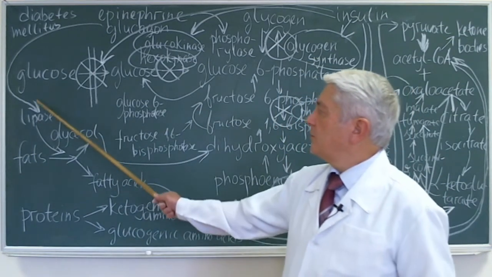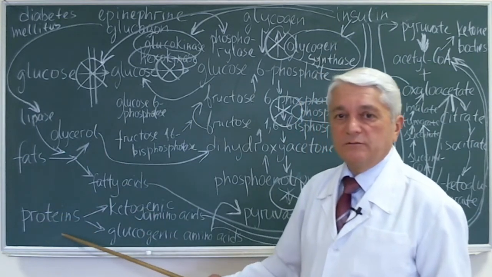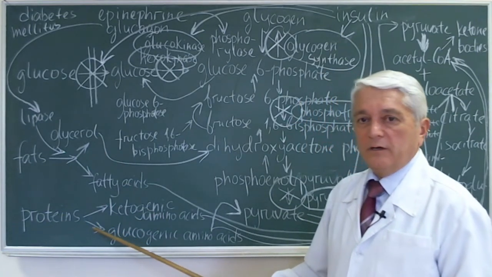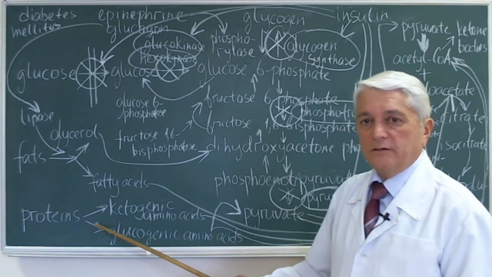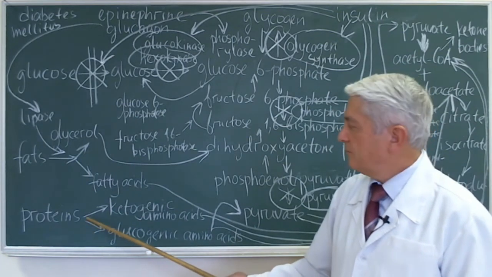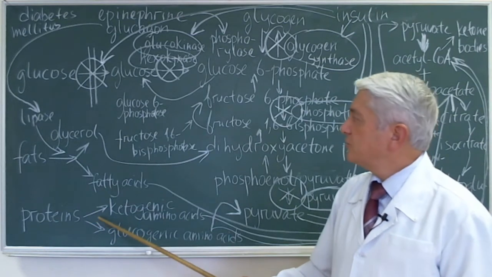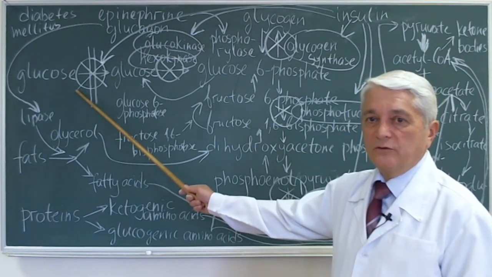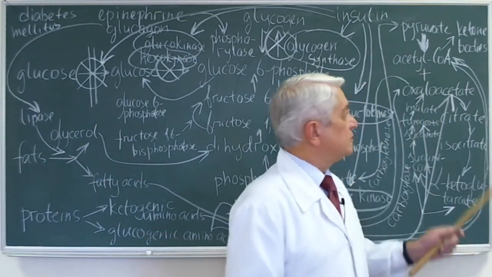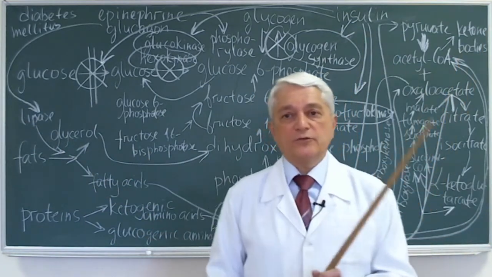So fats and proteins will be degraded for receiving some energy. Instead of energy, the patient is receiving new and new molecules of glucose, and new molecules of ketone bodies.